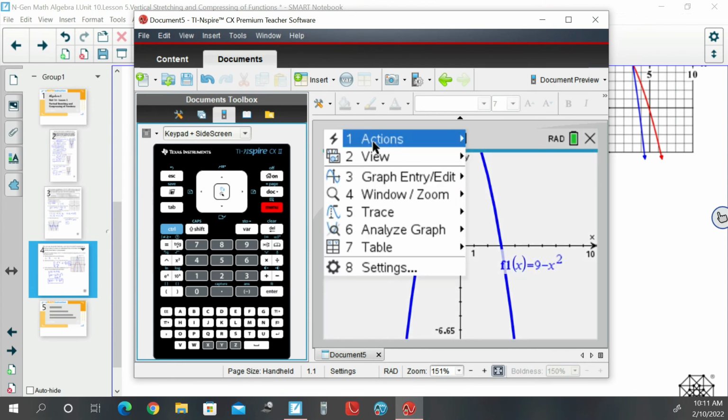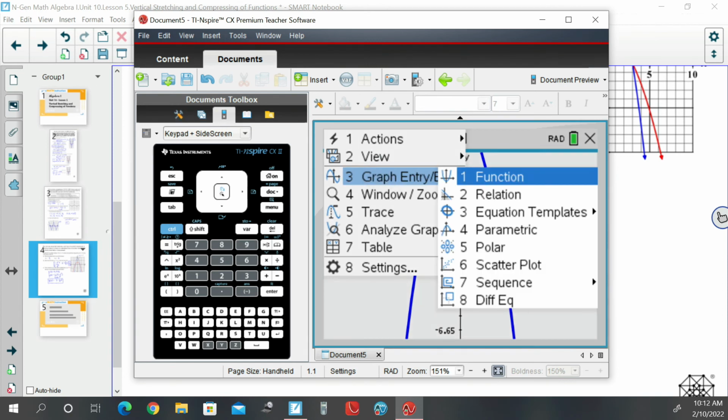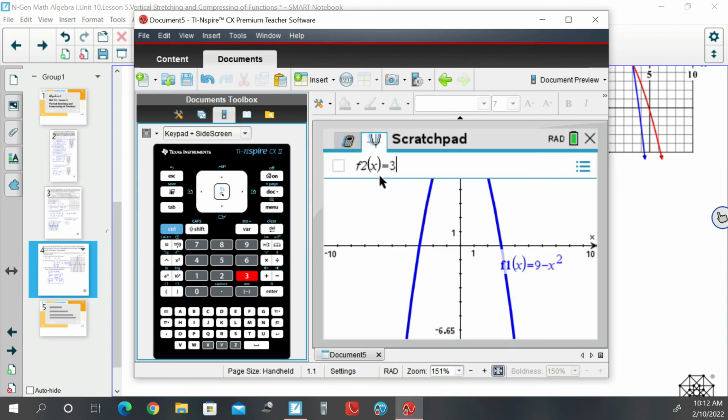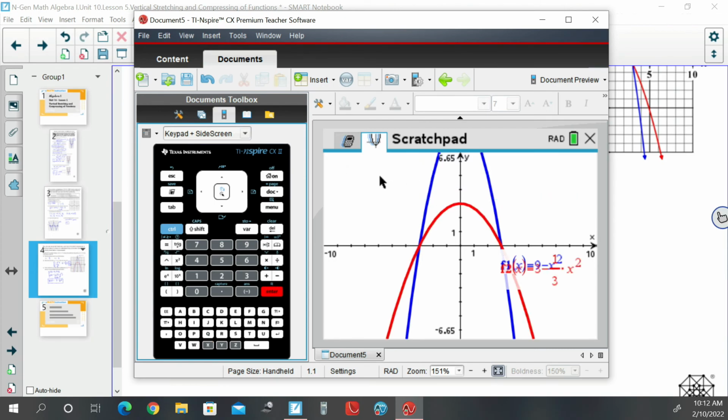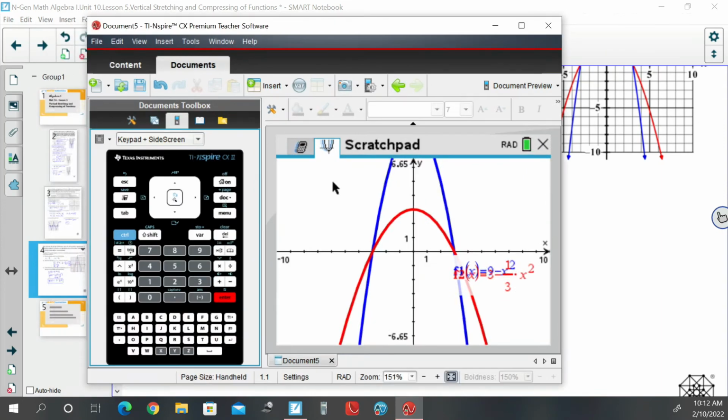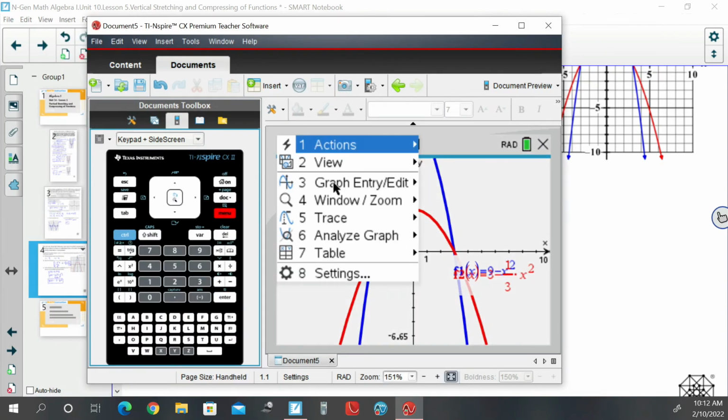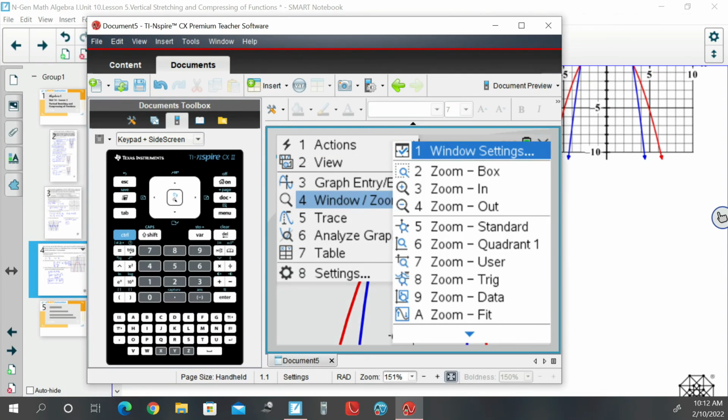Now let's put in our next one. And I want 3 minus, I'll even use the fraction bar, 3 minus 1/3 times x squared. Okay, and maybe that's probably good enough, but maybe I'll adjust the window real quick just so that we can make sure that we see it look exactly like it did before.